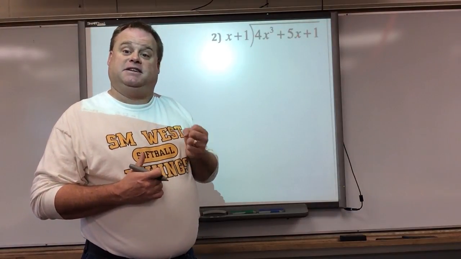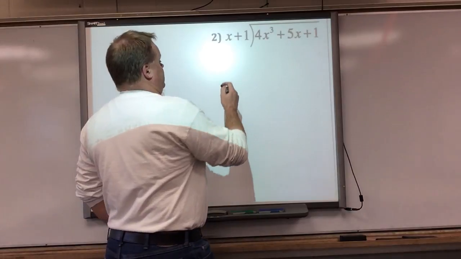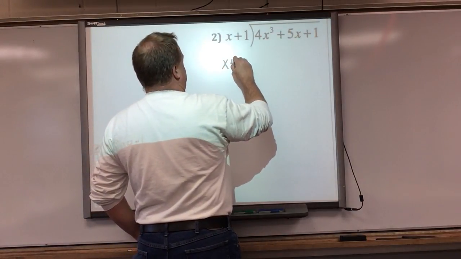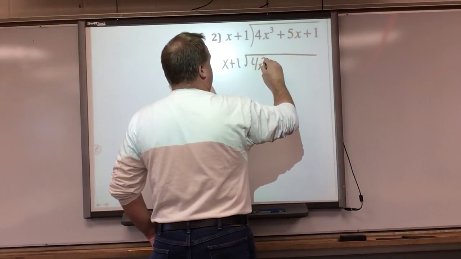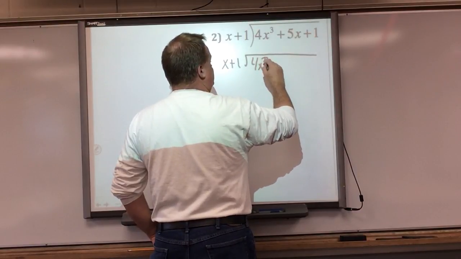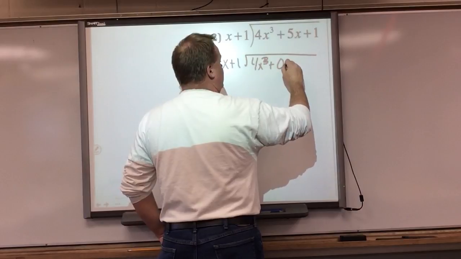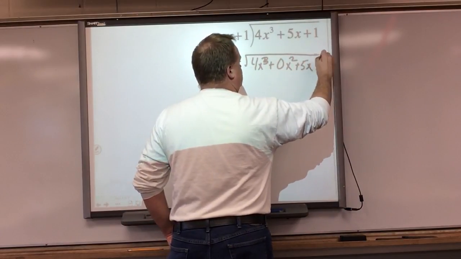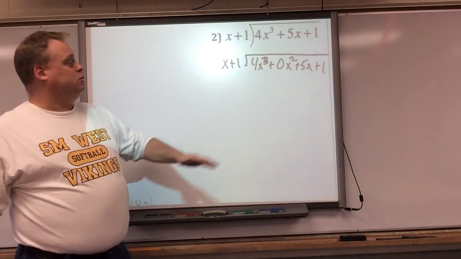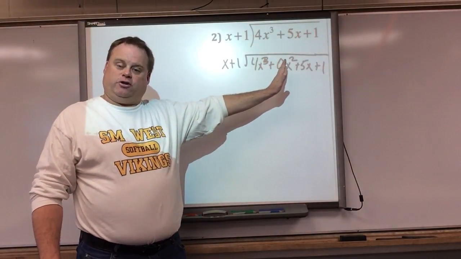And we add it by placing a 0 in front of it. So the reality of this is x plus 1, 4x cubed plus 0x squared plus 5x plus 1. All right. So we've added our 0x squared term in here.